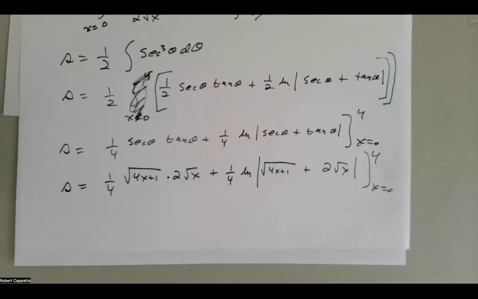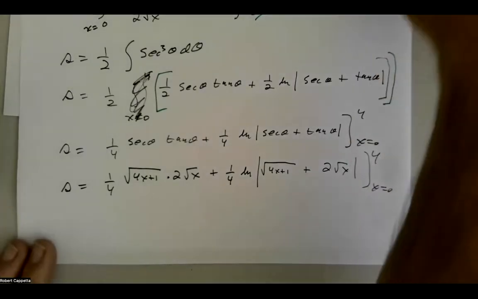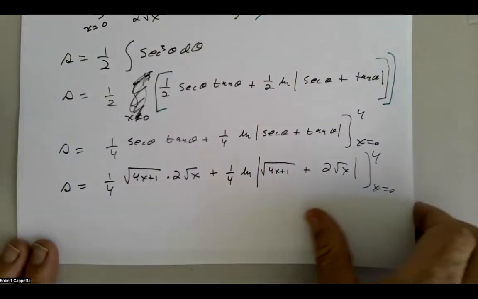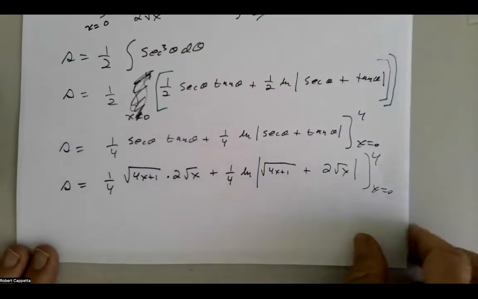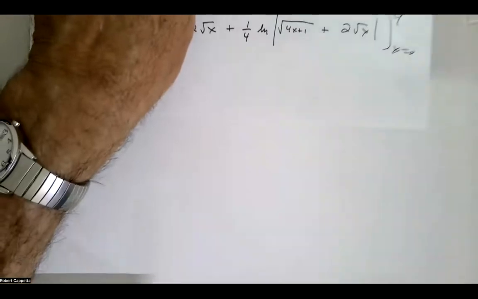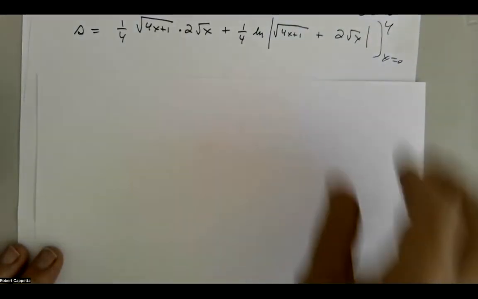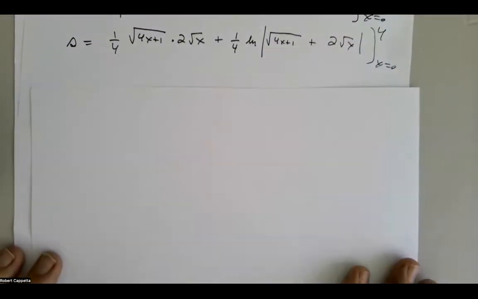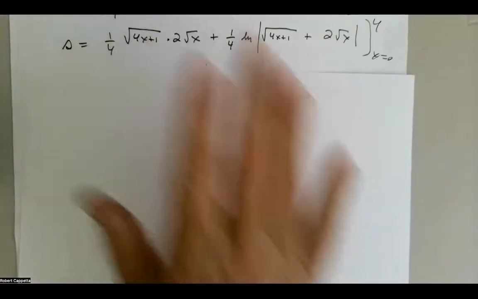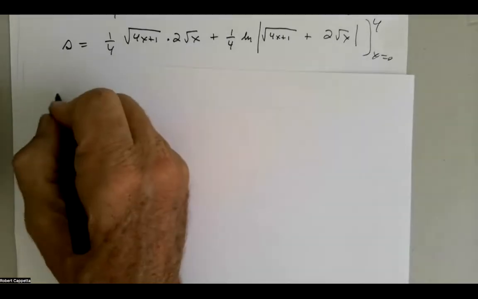Okay, there we are. Are we ready to finish this? I hope so. Let us take a look and see what we get. Plugging in 4 first, plugging in 4 for x.